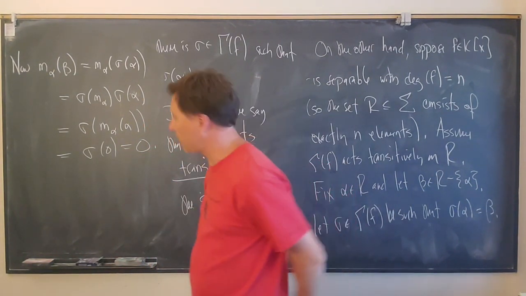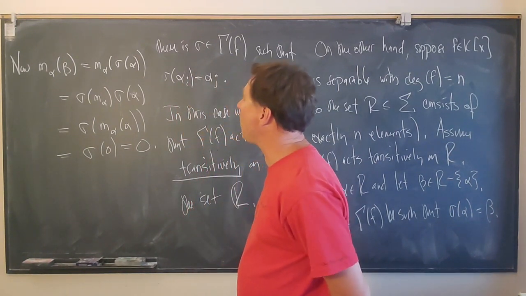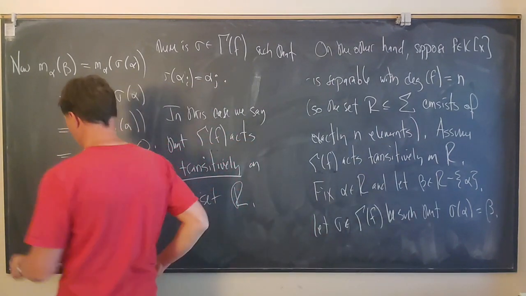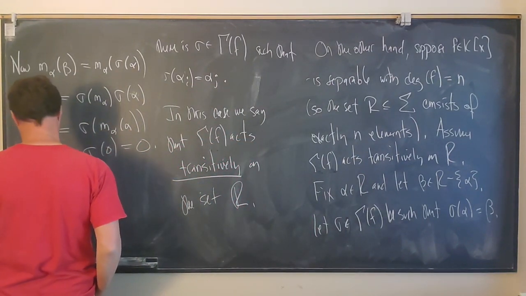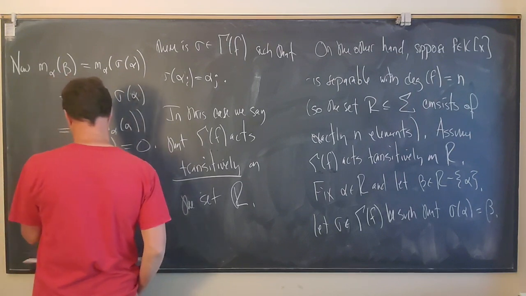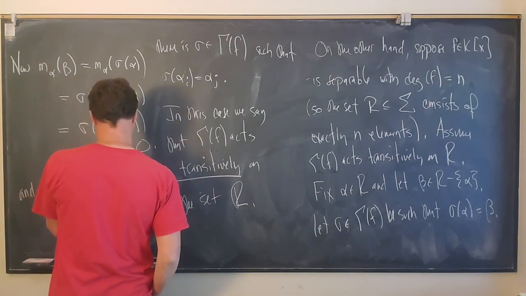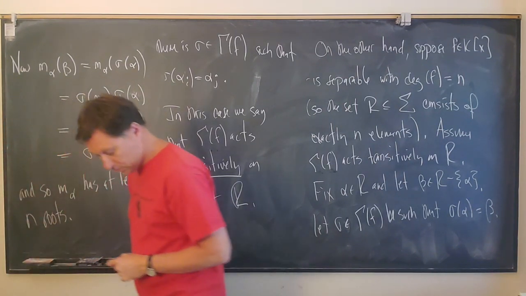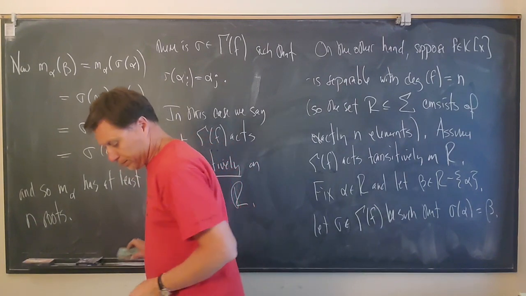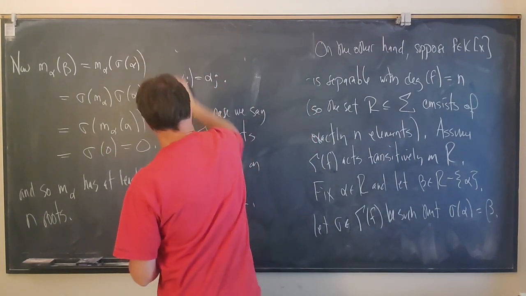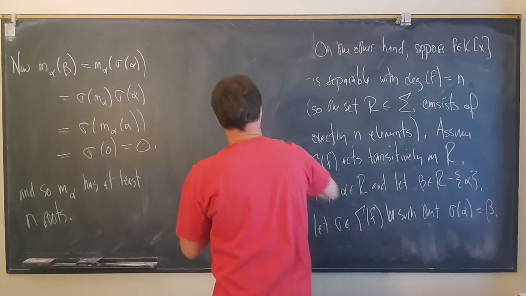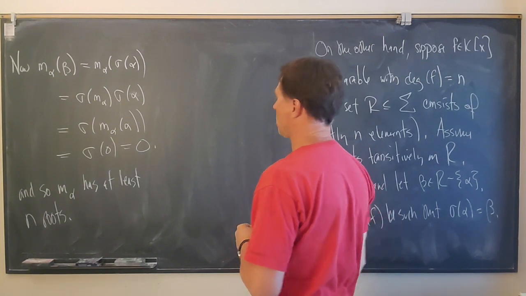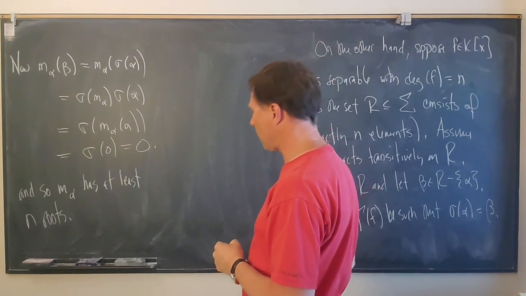So what does that tell me? It tells me that m_alpha has at least n roots.